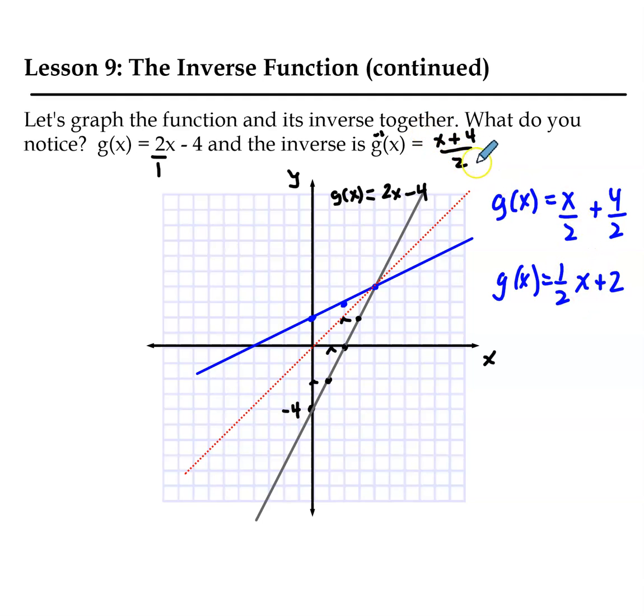We divide the first term by 2 and the second term by 2, giving us 1/2 x plus 2. Plotting this relationship means we start at the b value of 2, we rise 1, and we run 2. We rise 1, run 2, rise 1, run 2, and so on. We connect the lines and we form the blue relation. Let's label it.